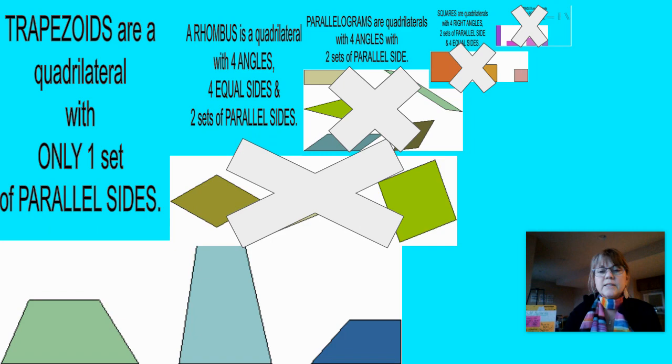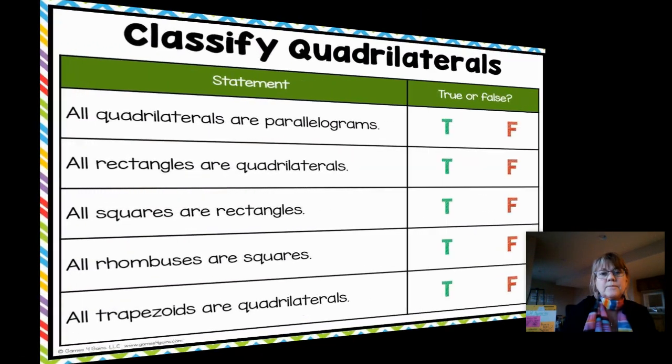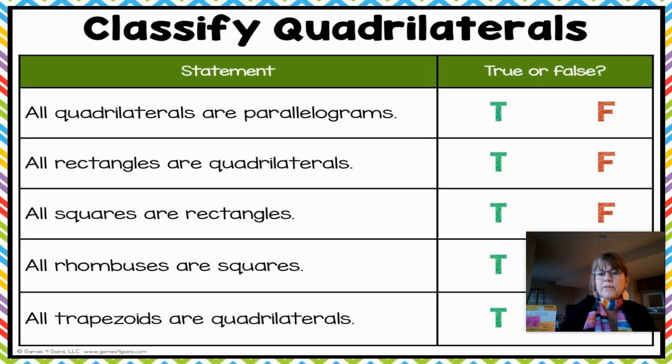So trapezoids are quadrilaterals, like these other shapes. However, they stand alone in their next category as just a trapezoid because it only has one set of parallel sides. All right, let's try a little bit of a quiz.